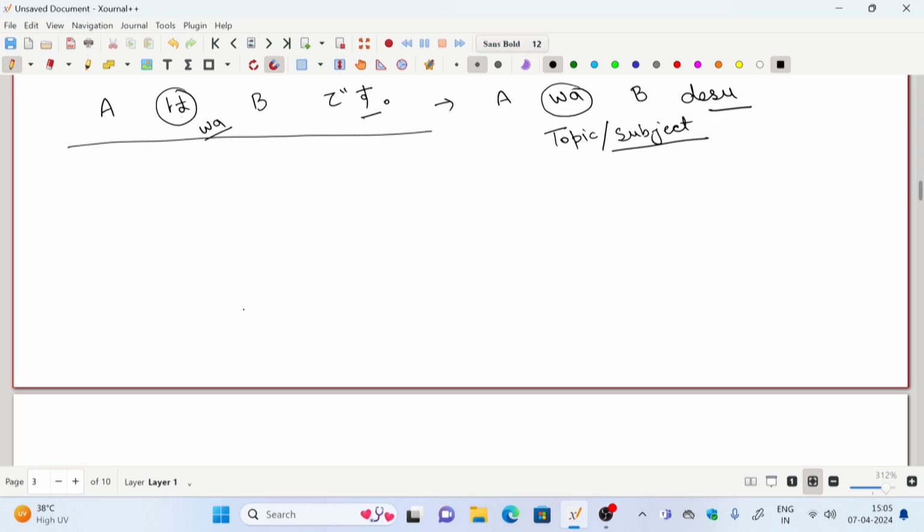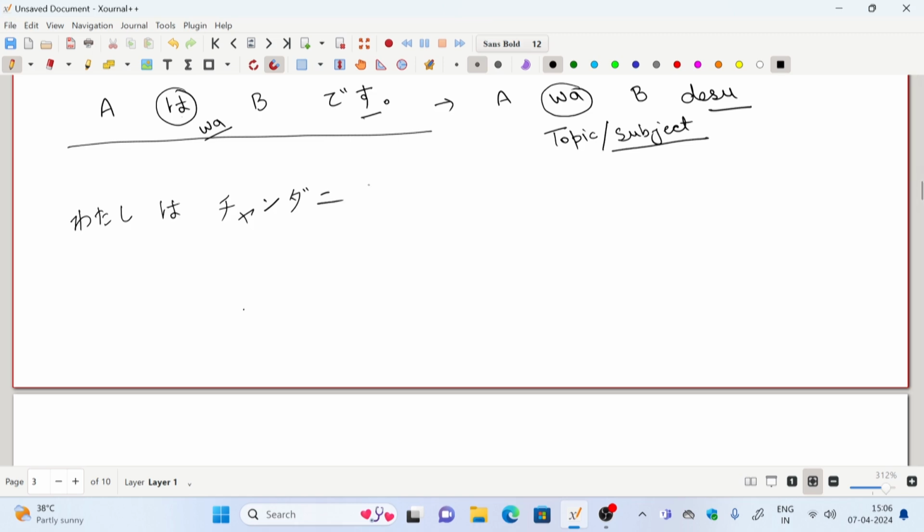Next, let's make a sentence using A wa B desu. If I say, I am Chandni, okay, so I is watashi, watashi wa. Chandni, we can use katakana. Since I am a foreigner for Japanese, my name will be written in katakana.